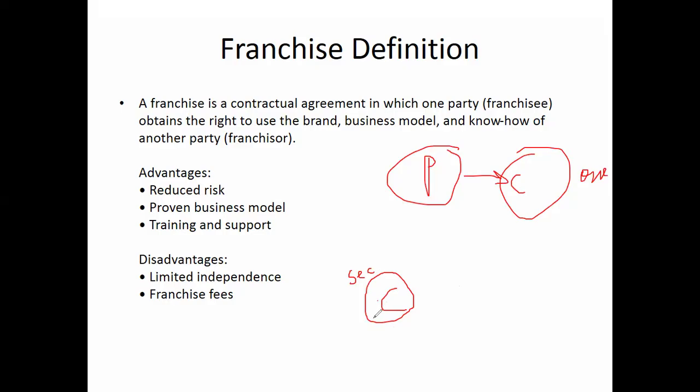So the idea here is that the second party goes to this company and says, we are your partner in this geographic area. We will manufacture your product in our country.